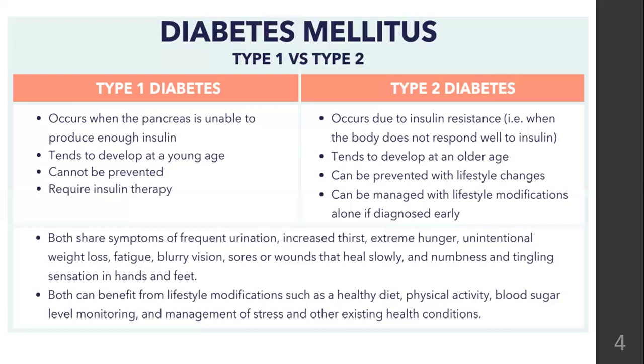But type 1 diabetes is not preventable. If you get type 1 diabetes, lifelong you have to be on insulin therapy. Not all type 2 diabetes will require insulin therapy. Some can be combated with metformin and these kinds of drugs. But the symptoms in both situations are the same.